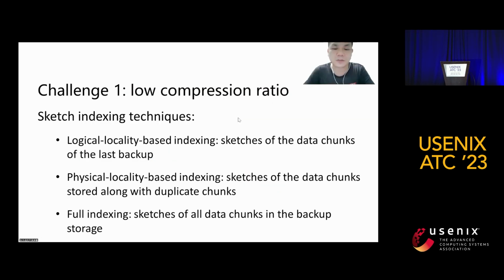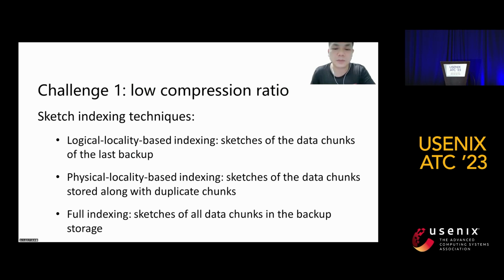Which similar chunks are detected as base chunks for data compression depends on the adopted sketch indexing techniques. Existing sketch indexing techniques can be divided into three categories: logic locality-based indexing, physical locality-based indexing, and full indexing.